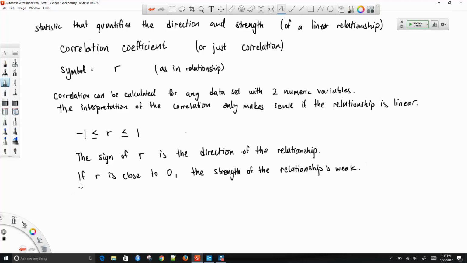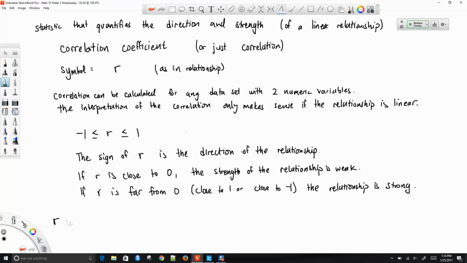And if R is far from 0, meaning it is close to 1 or close to -1, the relationship is strong. So R, the correlation coefficient, quantifies the direction and strength of the relationship. It does not tell us anything about the shape of the relationship.